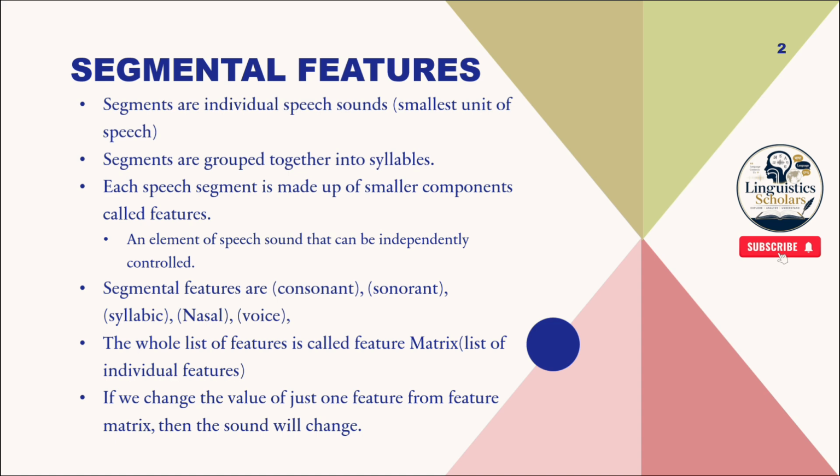First, we will look at the segmental features. These are called segmental features or segmental phonetics. Segments are basically individual speech sounds, which are the smallest unit of speech. When I say pa, it's a segment, ba, it's a segment, ma, it's a segment.